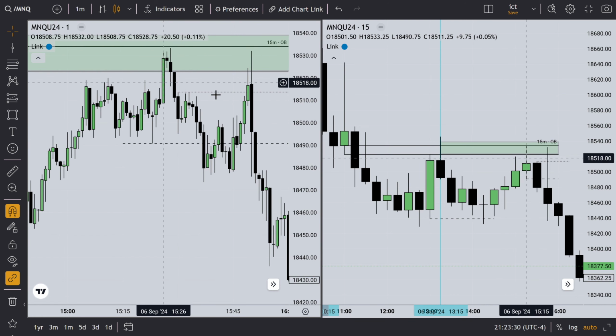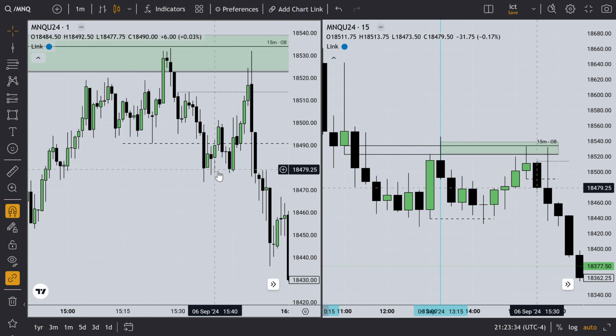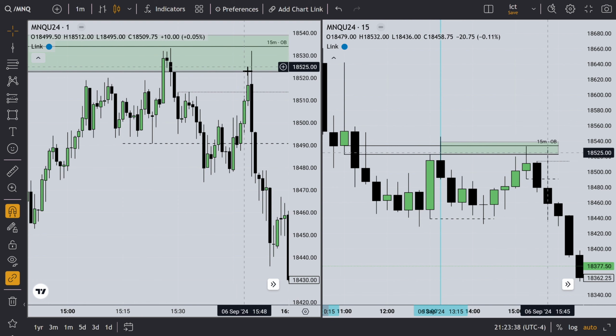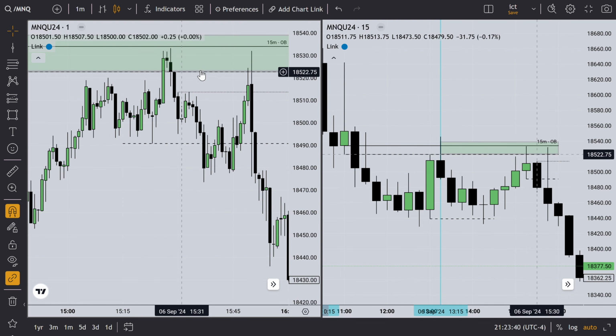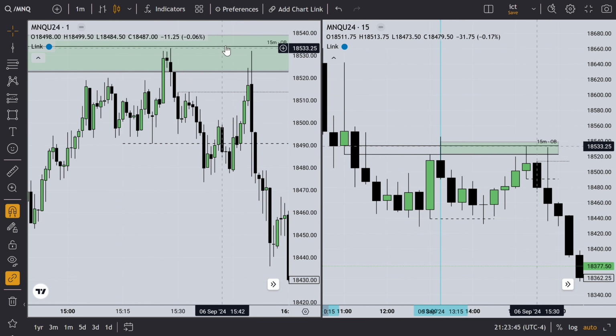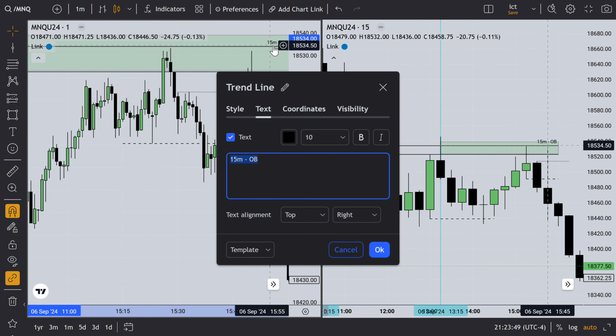So we see at 3:30-ish in the afternoon, price comes back up and it trades down. It rejects the 15-minute bearish order block. It trades into the low of it. So this bottom black line is the low, the top line is the open. Open. Okay?